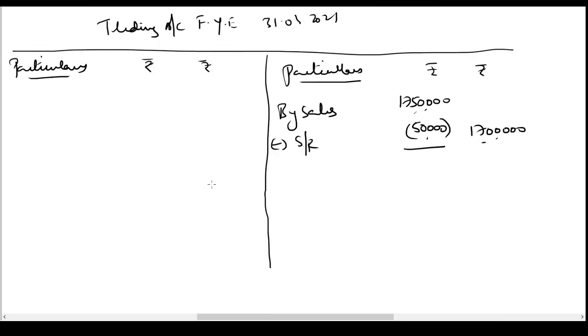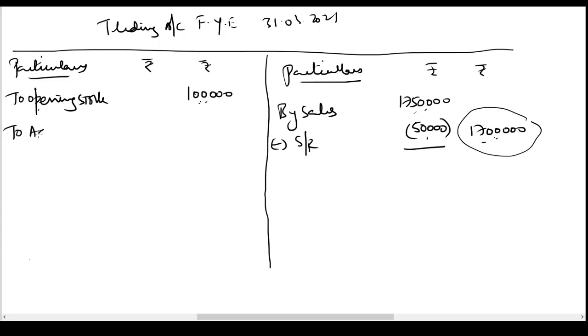Now what am I required to do? I am required to debit the trading account with the cost price of the goods sold. This is the sale price of the goods sold, and the cost price of the goods sold has to be debited here. It has to be matched. Opening stock was sold, so the cost price of opening stock has to be debited to the trading account, because when I sold these goods I got this income. That is why it is debited to the trading account.